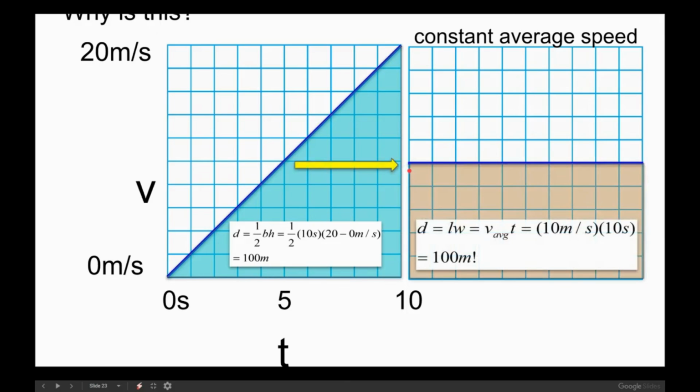The area under this curve, length times width, is the average speed times time. 10 times 10. It's 100. You get the same answer. So you can change out a constant acceleration and just pretend the person drove at the midpoint speed the whole way, and you will be bang on 100% correct.